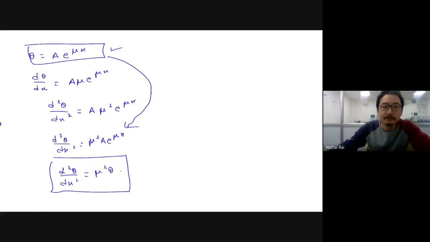Now similarly, if we consider another solution, theta is equal to A e to the power negative mu x, then del theta by del x will come with a negative, e to the power negative mu x times mu.